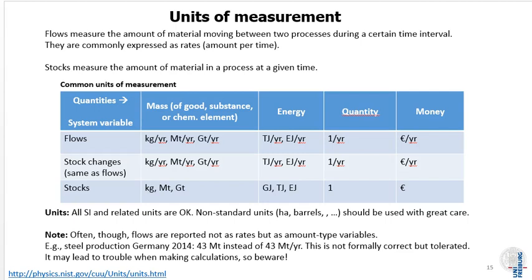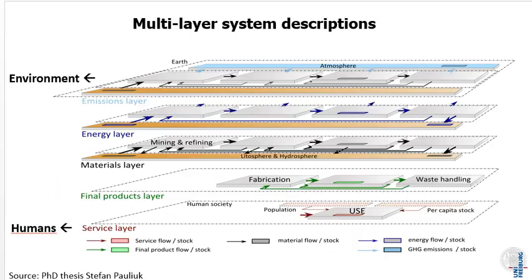So the stock of a certain material is kilograms or megatons or gigatons at a certain point in time, but there's no extra time unit needed. You just say, I measure this stock at this time and its size was so and so many megatons, period. The same applies to energy units, which could be terajoule, exajoule, gigajoule, or kilowatt hours, or to quantities, which are items or monetary values.